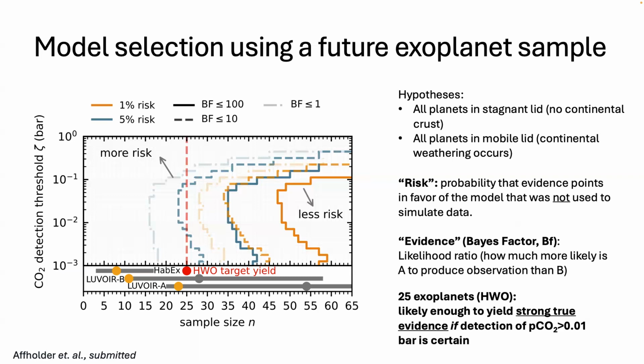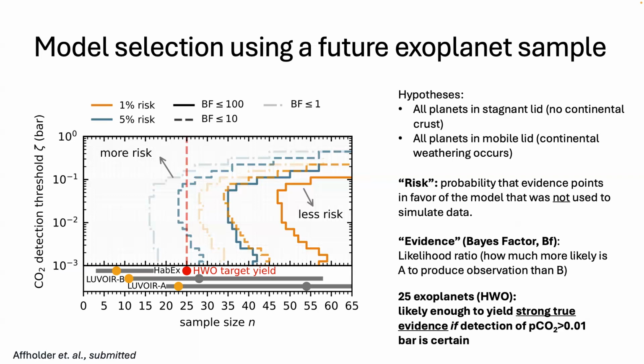And what we see is that for 25 exoplanets, if we're able to detect CO2 if it's greater than 1%, then we might, in 95% of the cases, have good evidence in favor of the true hypothesis.